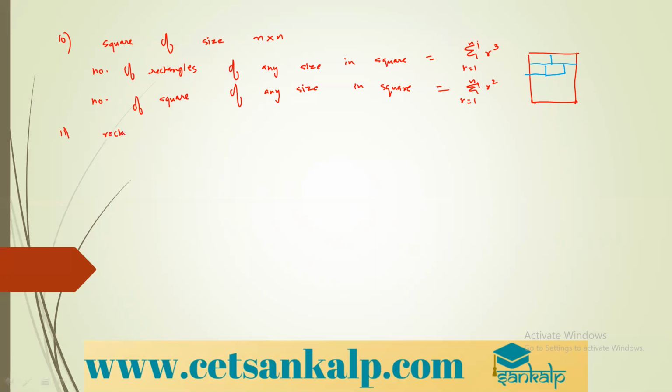There is a rectangle this time, and the rectangle size is n by p. Length is n, width is p. That is why it is a rectangle. And remember, when I'm talking about n and p, n is less than p. This is very, very important information.